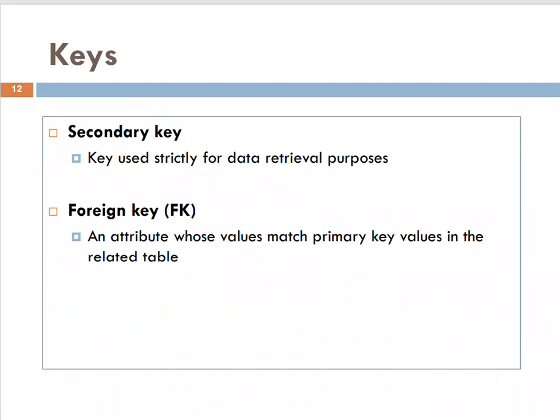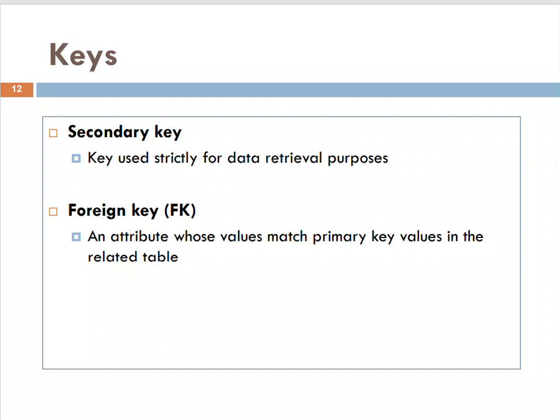Okay, next. Okay, secondary key used strictly for data retrieval purpose. Okay, contoh macam tadi lah, selain metric number, kita boleh juga gunakan secondary key nama pelajar. Okay, nama pelajar gabungkan dengan nama ayah dia, boleh menjadi secondary key.